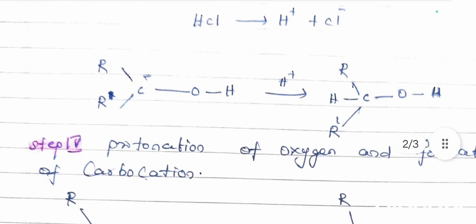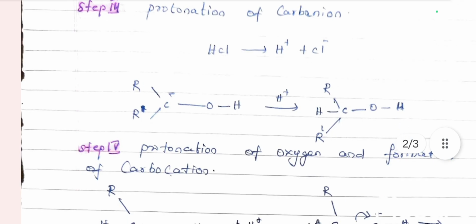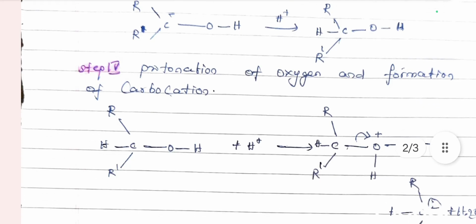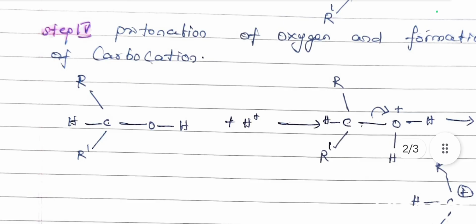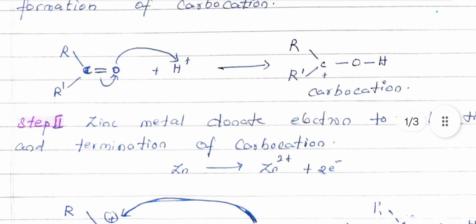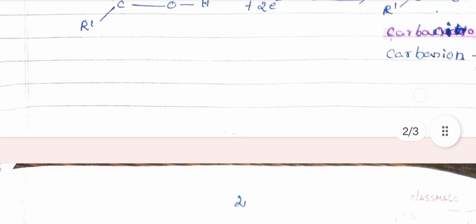In the fourth step, protonation of oxygen and formation of a carbocation take place. In the first step, protonation takes place on the oxygen atom directly bonded to the carbon atom, the carbonyl oxygen.